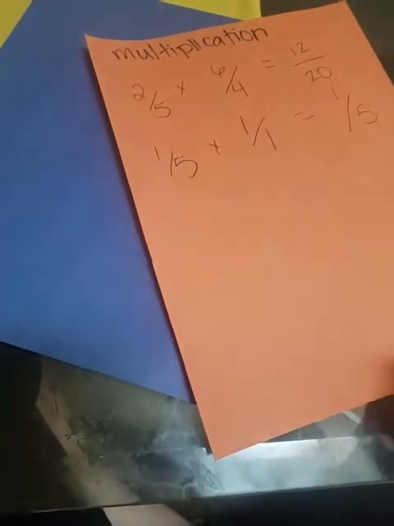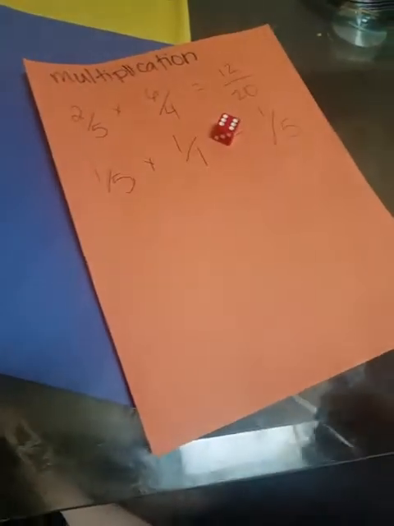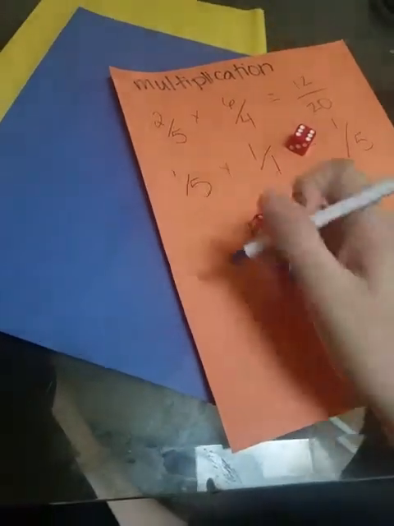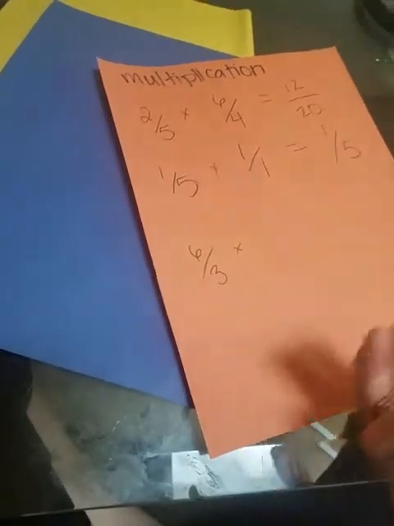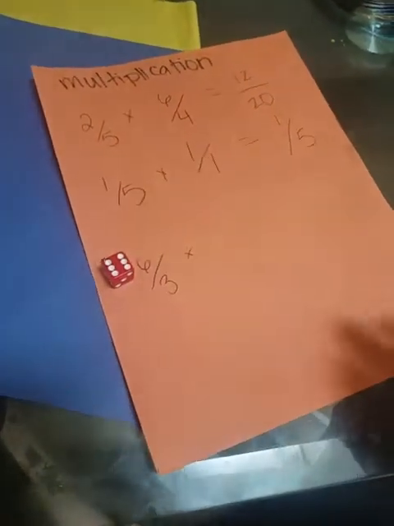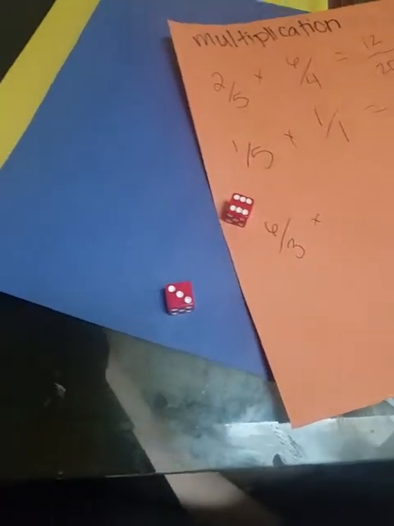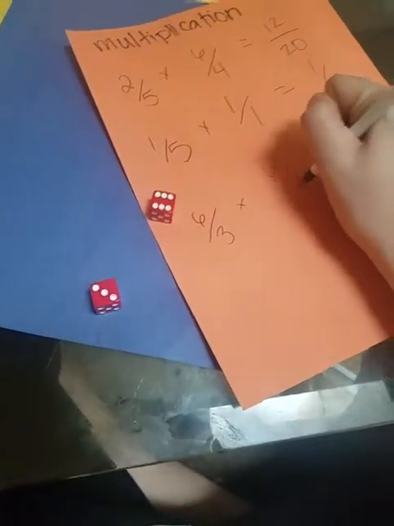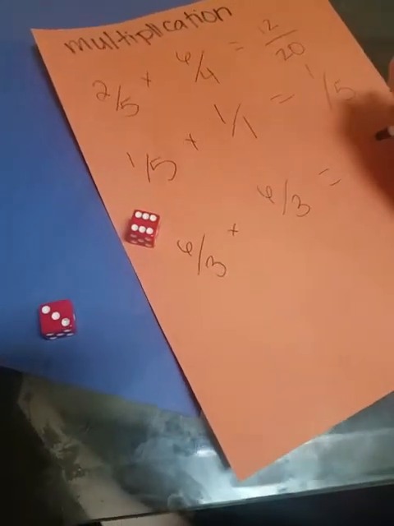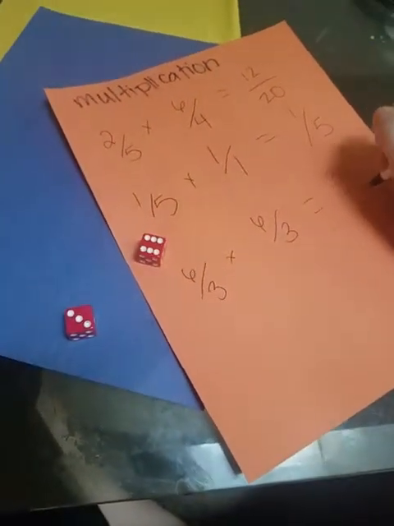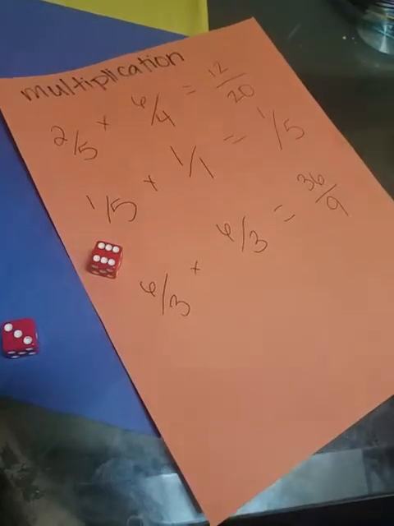Our next multiplication equation is going to be 6 thirds times 6 thirds. We know that 6 times 6 is 36, and 3 times 3 is 9.